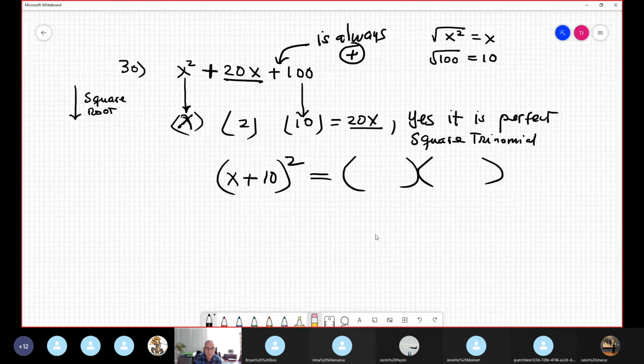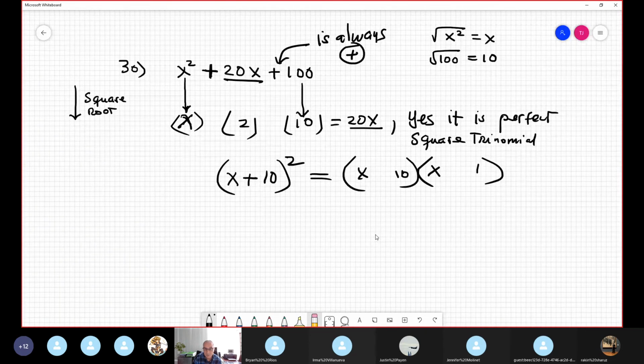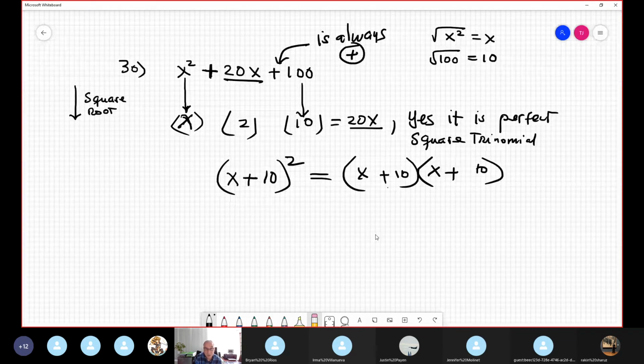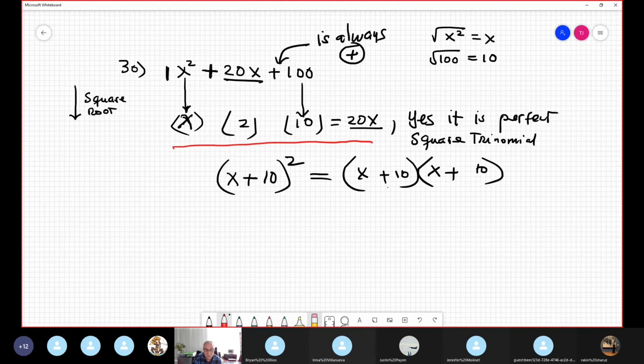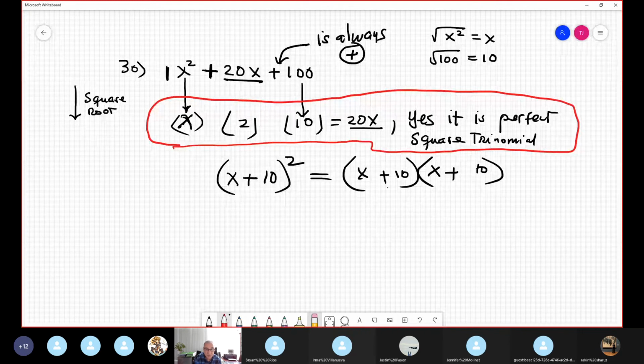If it is negative, no, it's not a perfect square. It's equivalent to say (x + 10)(x + 10). So we are doing it like a regular one, if you want, because the coefficient here is 1. But okay, I want to explain this test. This is the test of verification, quickly, in 1 second, that the trinomial is a perfect square.